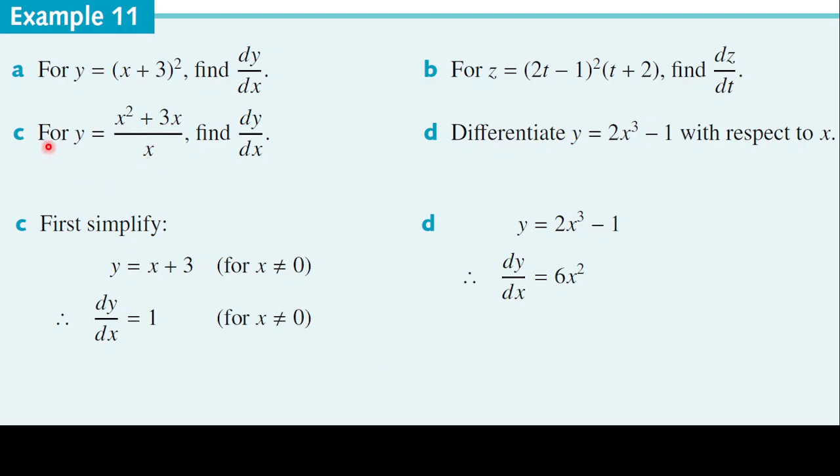Part C, a fraction, separate the fraction, so x squared divided by x is x, 3x over x is 3, and that's a simple linear function. The derivative of x is 1, the derivative of 3 is 0. Next one, again a little bit of practice. Here's the derivative, so I'll just continue without any comment.